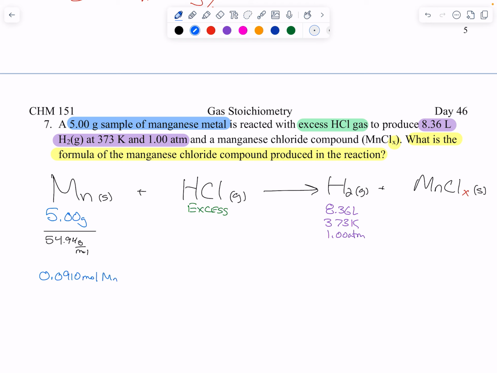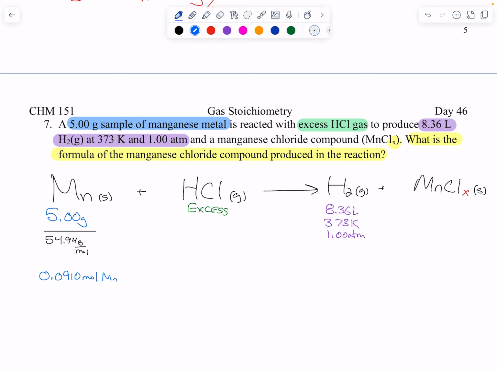And that's my limiting reactant, because HCl is in excess. I don't know how much reacts. However, I know how much H2 is produced, don't we?